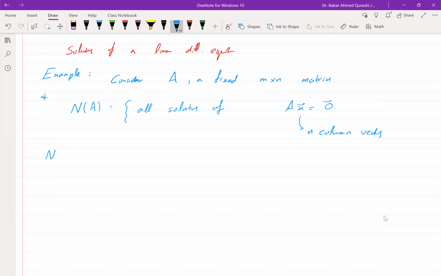So I can write it also like this: I have a subset of n column vectors such that this is true, I get the zero vector on the other side. We have seen these kinds of equations before.